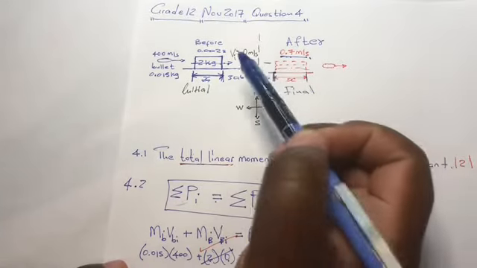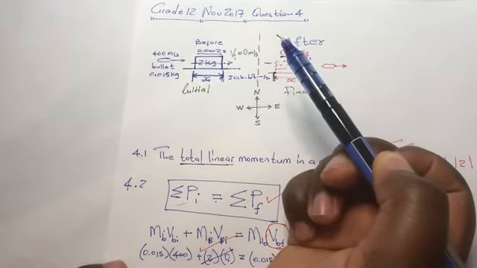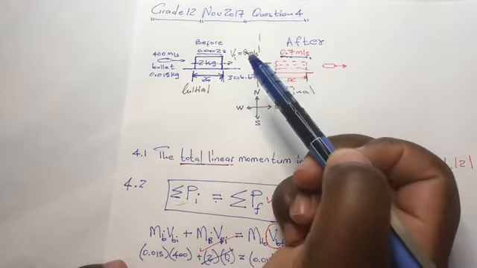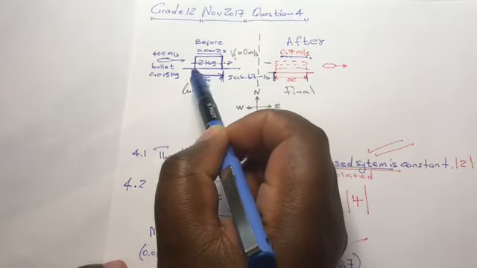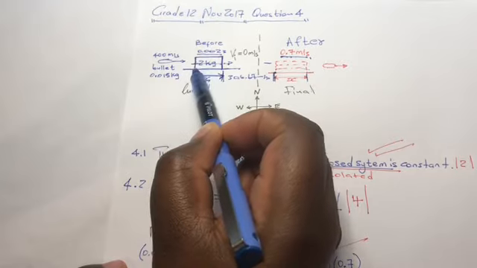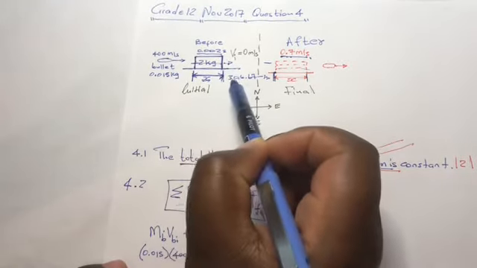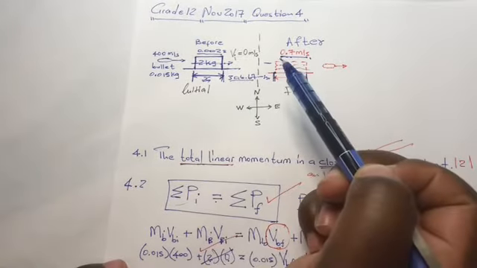What helps us to calculate the length of that block is that time. That time helps us to know how long it traveled from the point where it entered at that speed up to the point where it exited at that speed.